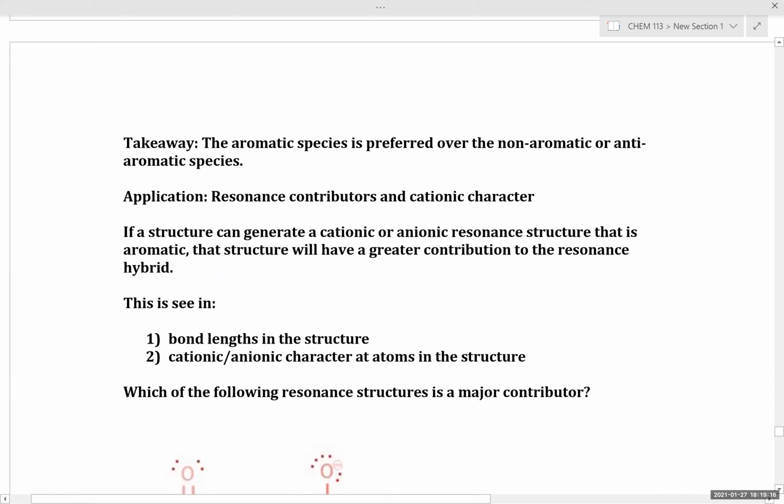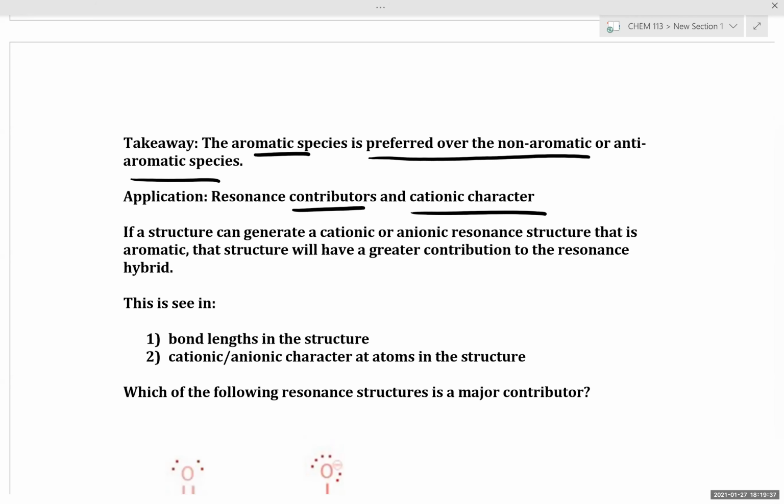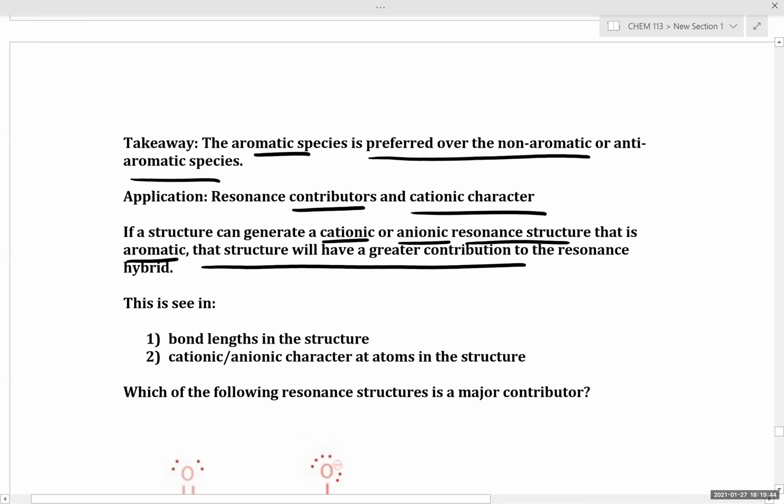When we talk generally that the aromatic species is preferred over the non-aromatic or anti-aromatic species, and we start to look at resonance contributors and cationic character, one thing we notice is that if a structure can generate a cationic or anionic resonance structure that is aromatic, that structure will have a greater contribution to the resonance hybrid, to our actual structure.